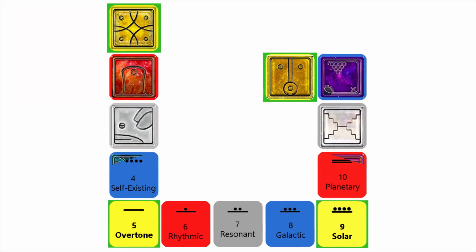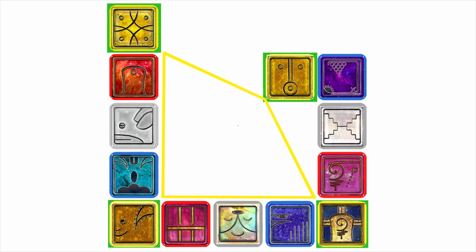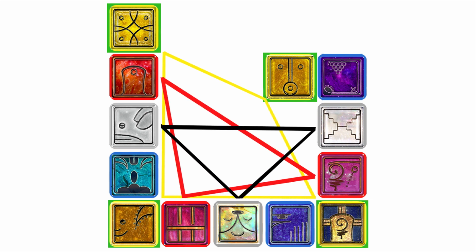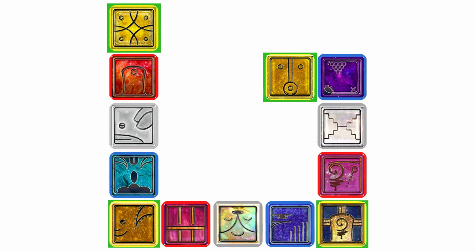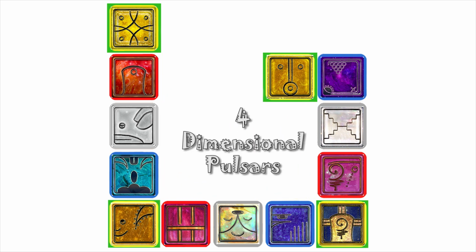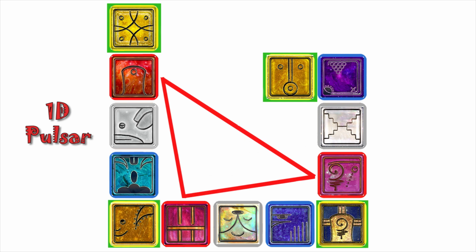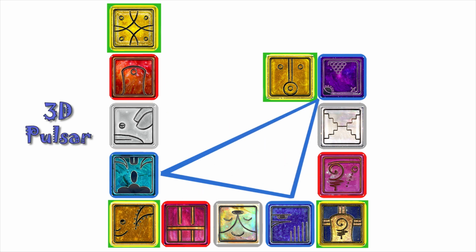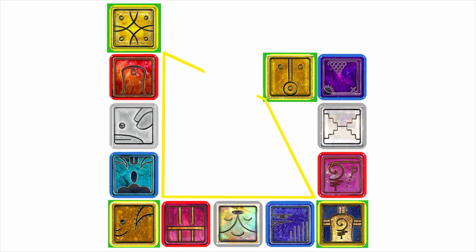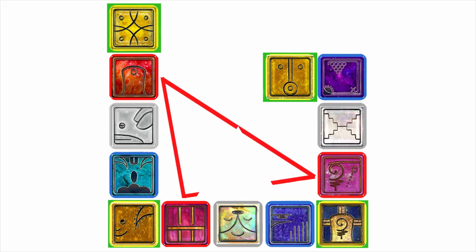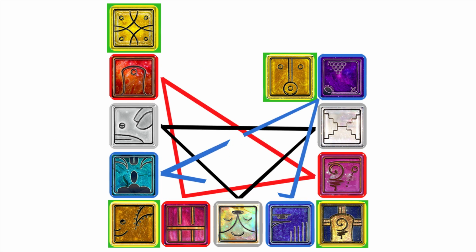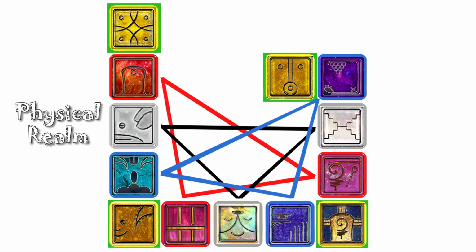So going back to the wave spell of the yellow star, all these geometries that arise are the pulsars. As explained in the previous video, the four fundamental dimensional pulsars are 1D, 2D, 3D, and 4D pulsars. The interaction of the three triangles gives us the physical realm of reality.